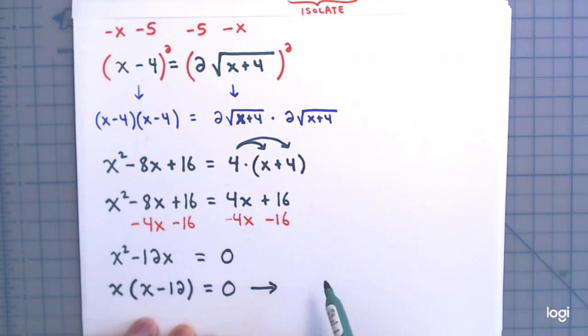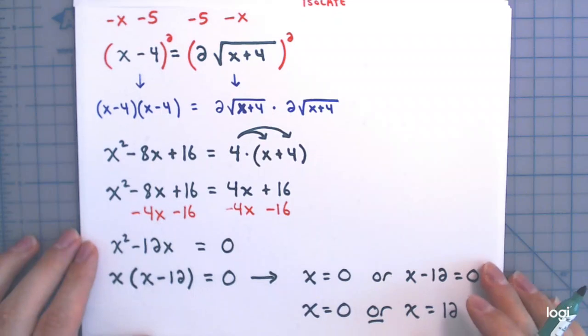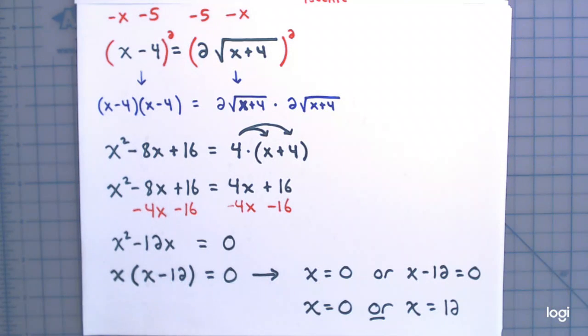So either this factor of x equals 0, or this other factor of x minus 12 is equal to 0. And then solving both of these, we get two possible solutions: x equals 0 or x equals 12. I would just simply add 12 to both sides of that last equation.